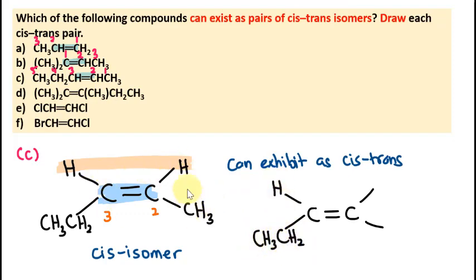But for the second carbon, we are going to flip it. So we have CH3 and then H. So the atoms on both sides are not the same. This one is our trans isomer.